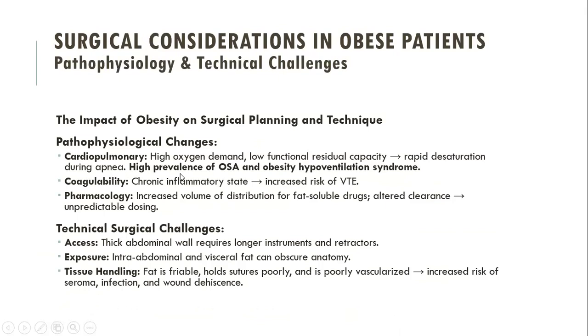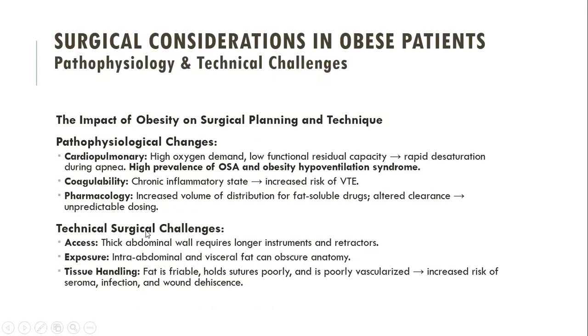In obese patients, there is a high prevalence of OSA, obstructive sleep apnea, and obesity hypoventilation syndrome. In the obese patient, the issues of coagulability and chronic inflammatory state can increase the risk of venous thromboembolisms. In the pharmacology, they have an increased volume of distribution of fat-soluble drugs and altered clearance. Again, it causes unpredictable dosing.